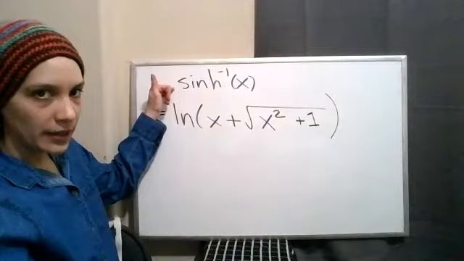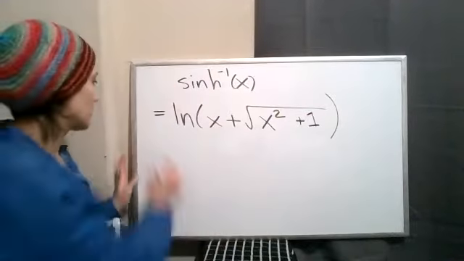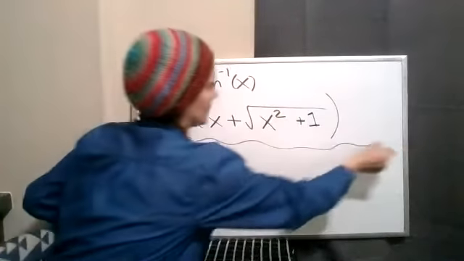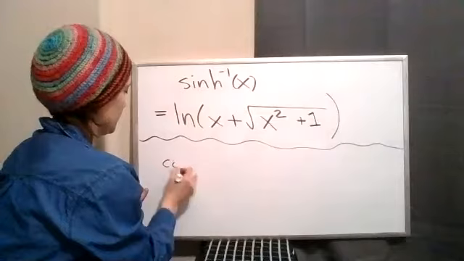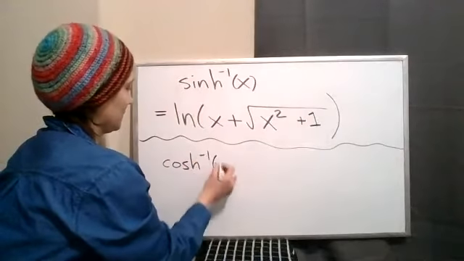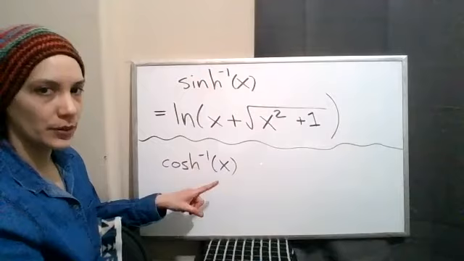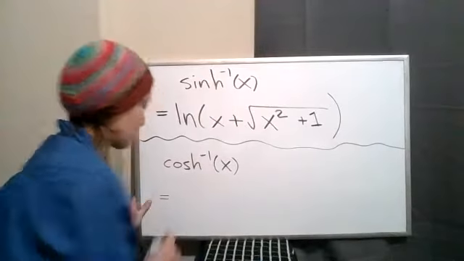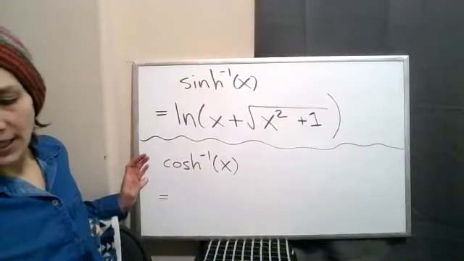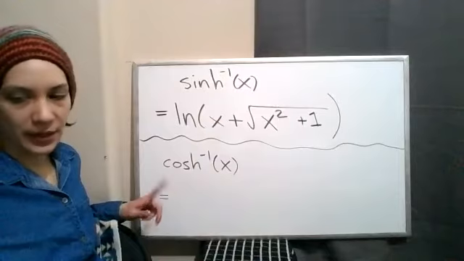And then we'll do the derivative later. Cosh inverse of x is equal to ln of x plus the root of x squared minus 1.